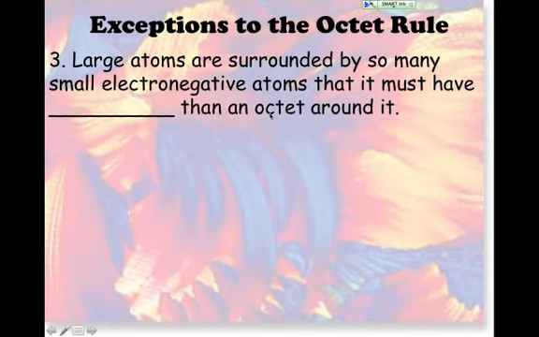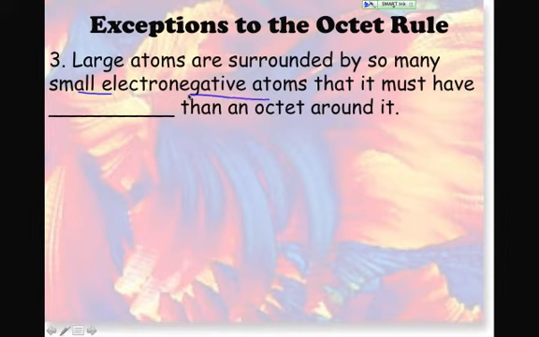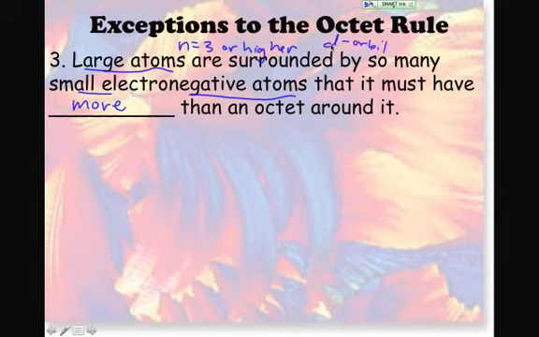Another kind of exception to the octet rule is when large atoms are surrounded by so many small electronegative atoms that it must have more than an octet around it. And in this case, you would have to have large atoms that are in energy level 3 or higher, because without access to d orbitals, they're not going to be able to do this.